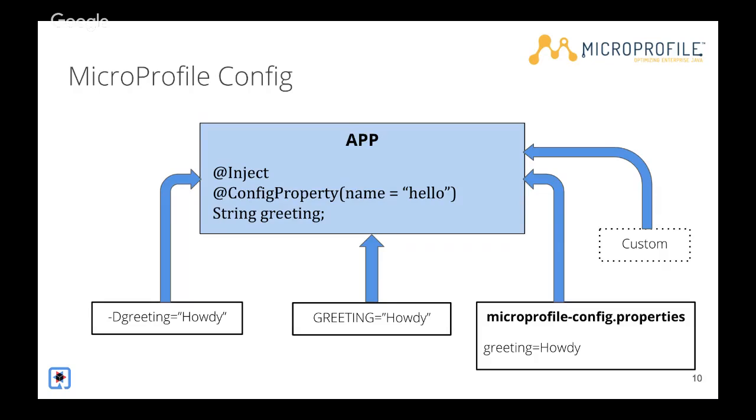You can specify a property using a Java property on the command line, or you could set an environment variable, that's the middle box on the bottom, or you can define it in a microprofile-config.properties file. Quarkus supports that MicroProfile config properties file, but it also supports an application.properties file, and that's the one I'll be using during this presentation.